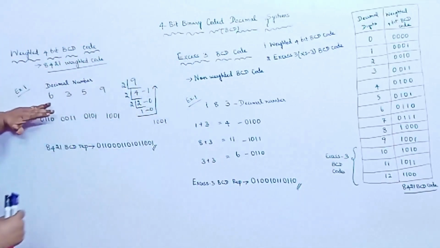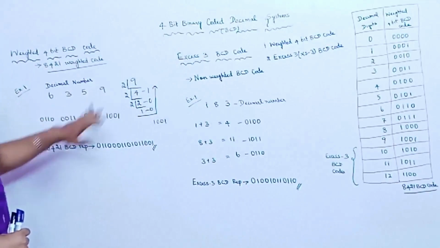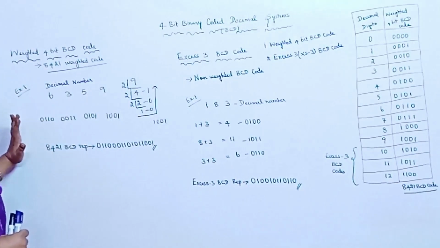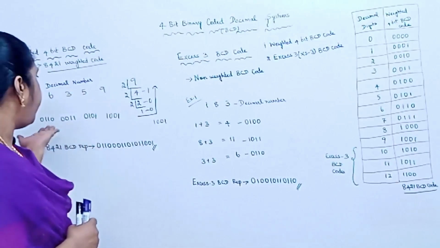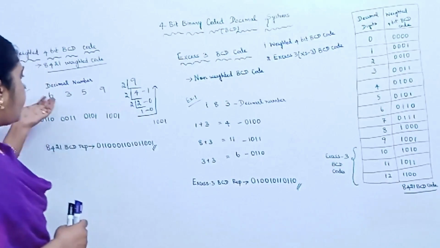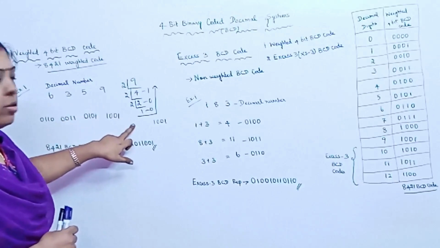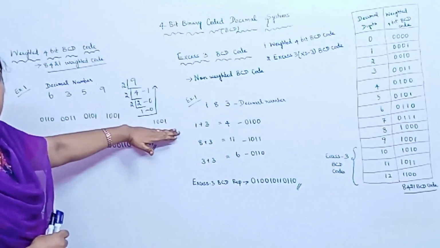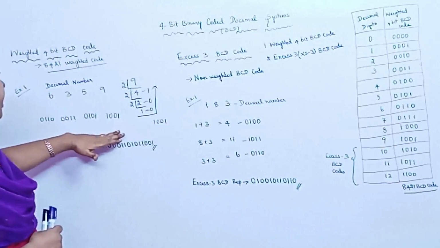Now consider the decimal number 6359. We want to convert it into the weighted 4-bit BCD code. So from the table, you can directly find the answer and substitute it, or else we can divide the number by 2 and using this method, we can find the 4-bit binary value.